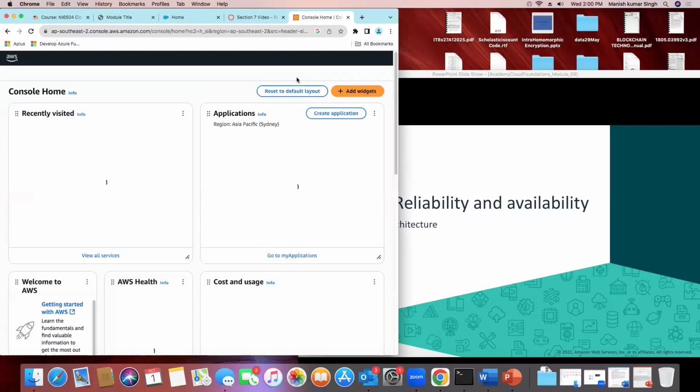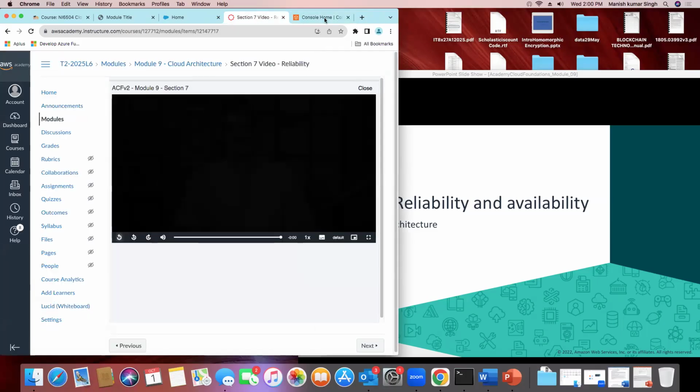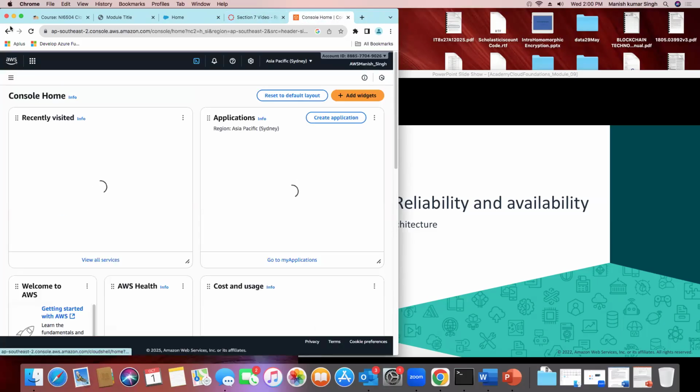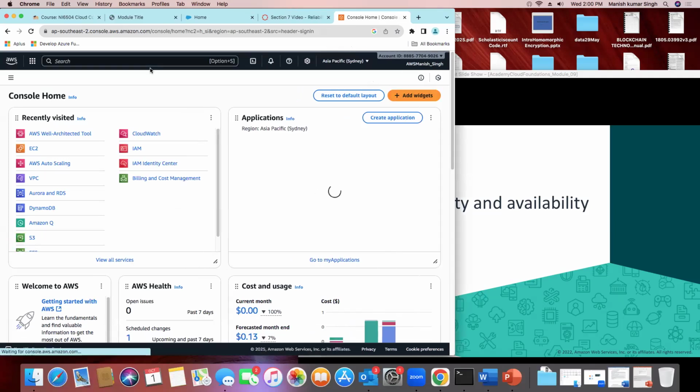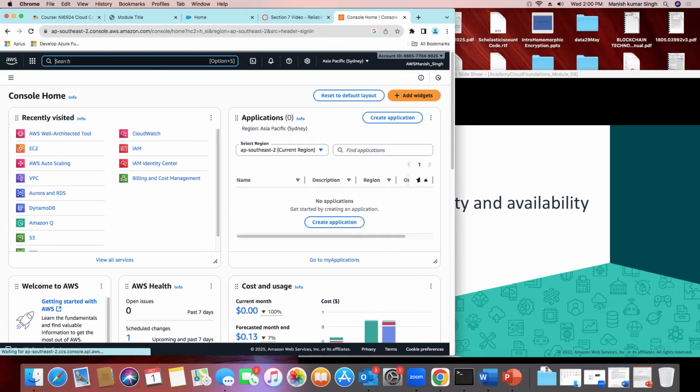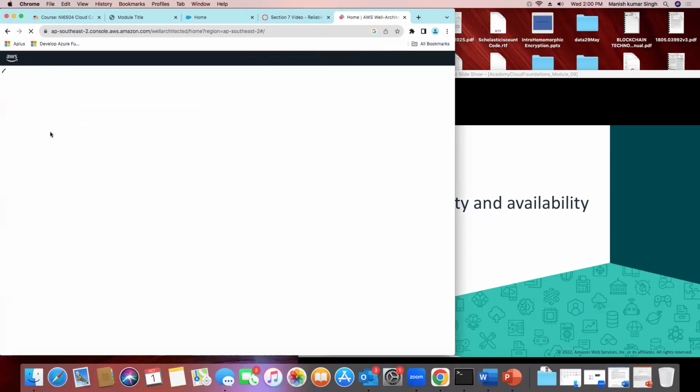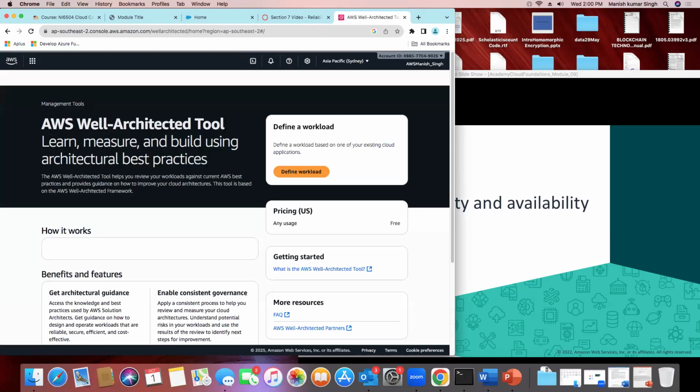So if you have a free tier account, you can actually search for it from here, or because I had recently visited it before this class, I can see it here.